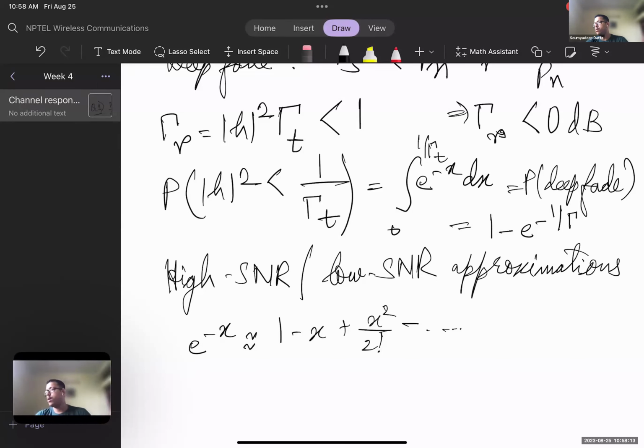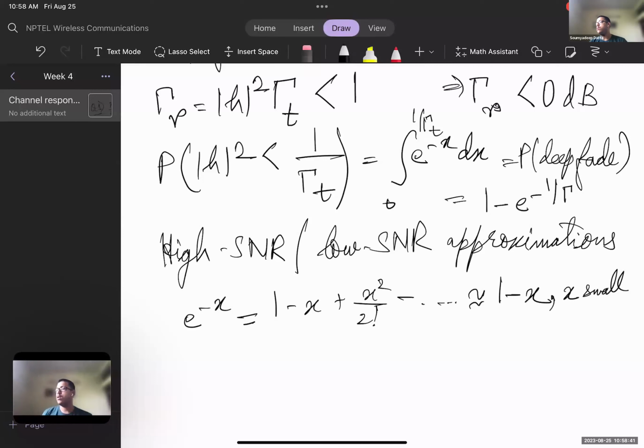So if x is small, this is like an exact equality. And if x is small, then the higher the exponent value, the smaller the value of the term, right? So you will typically write it as a linear expression for x small, right?